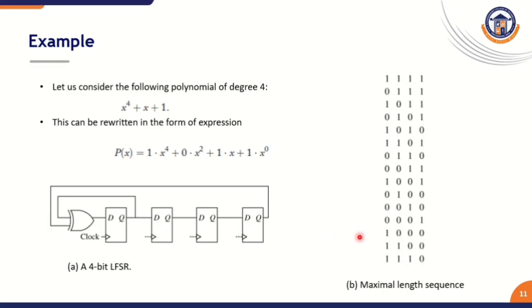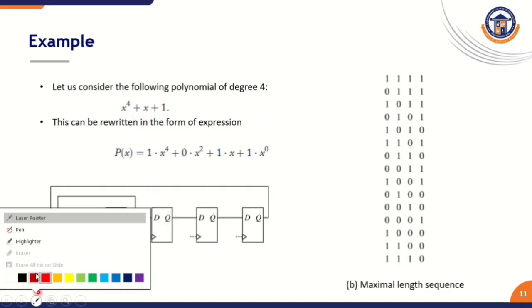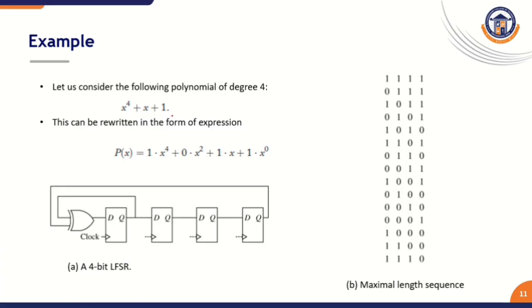With an example, we can find the maximum length sequence generated by this LFSR. Let us consider the following polynomial of degree 4, that is x power 4 plus x plus 1. From this polynomial expression, we can build the LFSR structure. The maximum polynomial order is 4, so we have a 4-bit LFSR, that is 4 shift registers 1, 2, 3, 4.